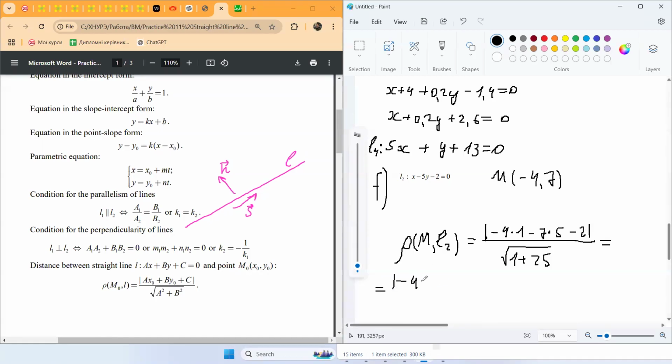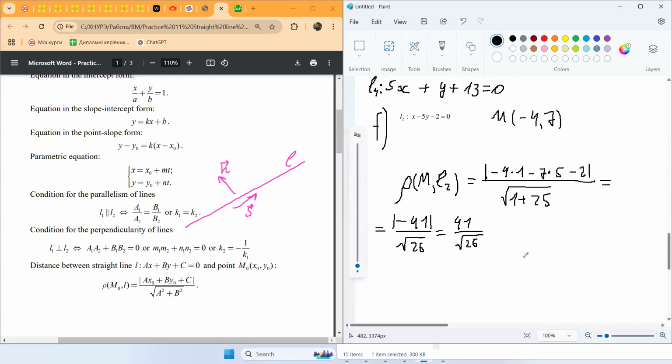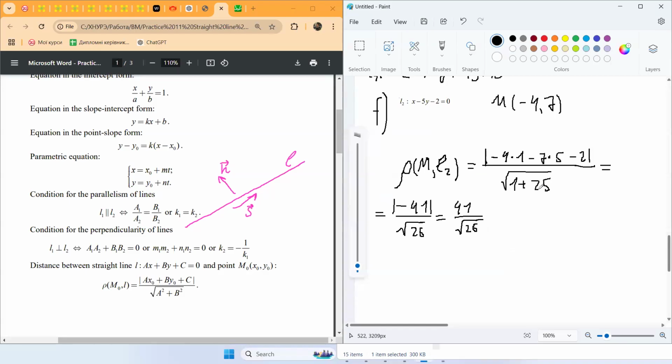So minus 41 by square root of 26. Basically what we have is 41 divided by square root of 26. So leaving it in such a way. Any questions about this part? I guess no questions, but nevertheless.